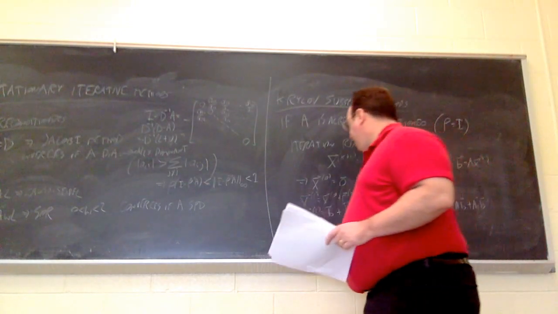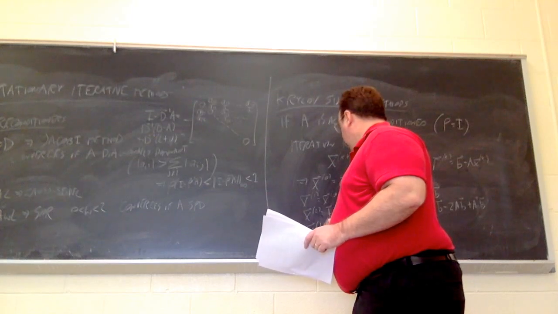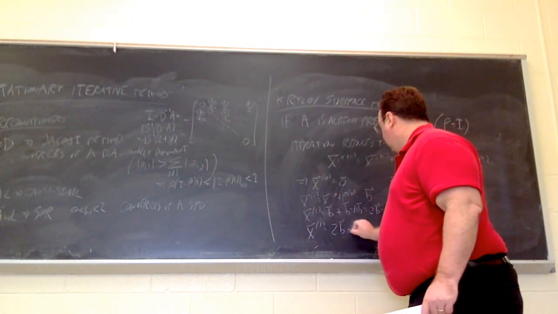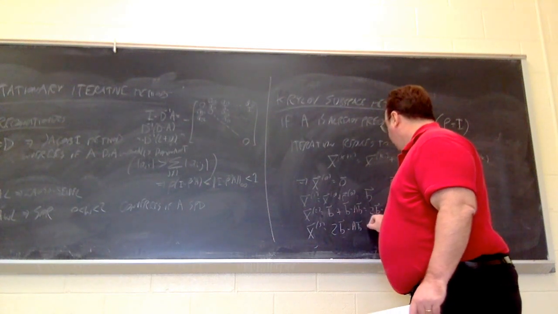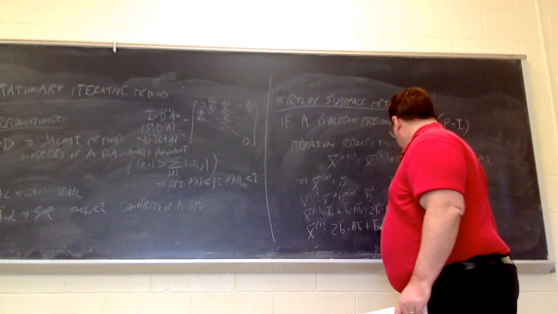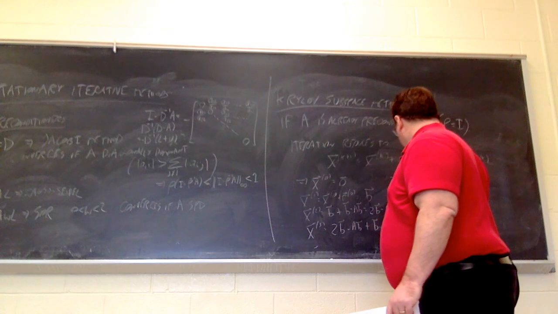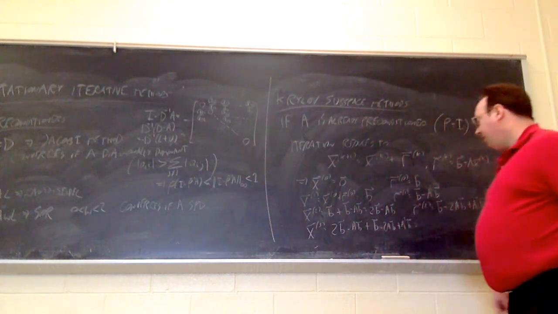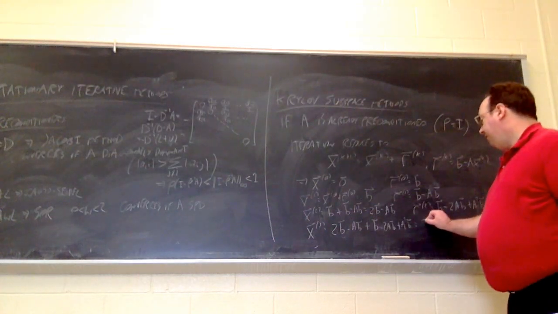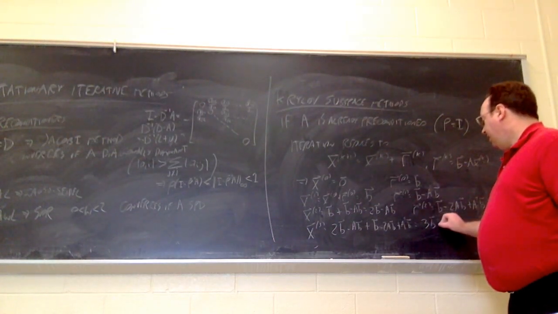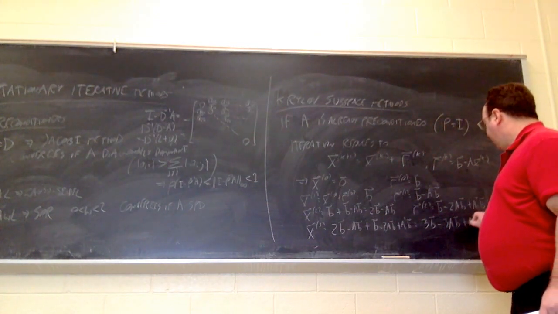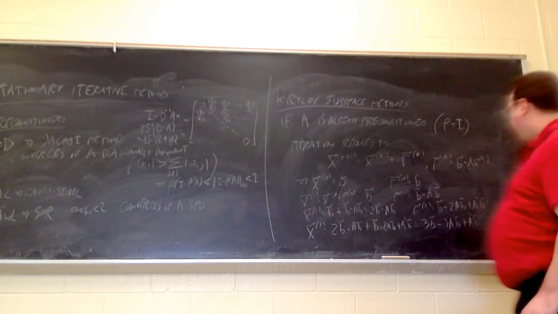So x_3 is equal to x_2 plus the residual. If I put that all together, I have 3b minus 3Ab plus A squared b.